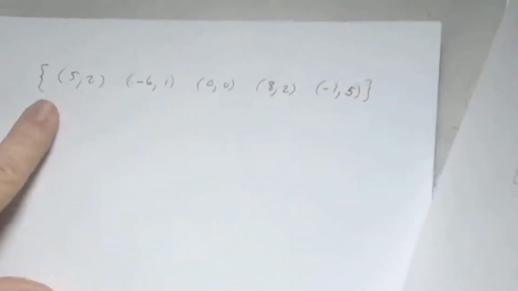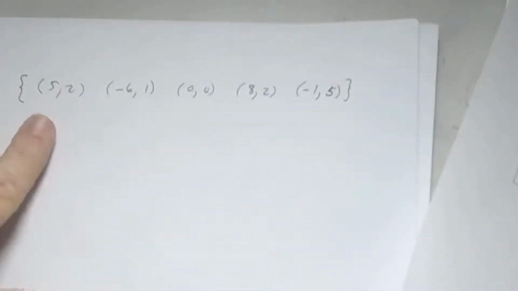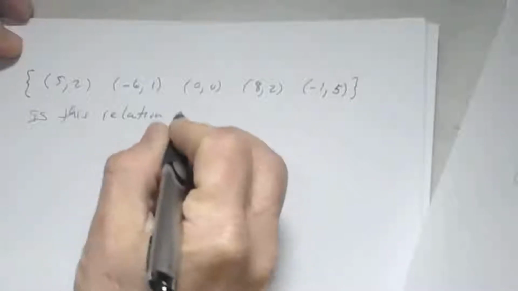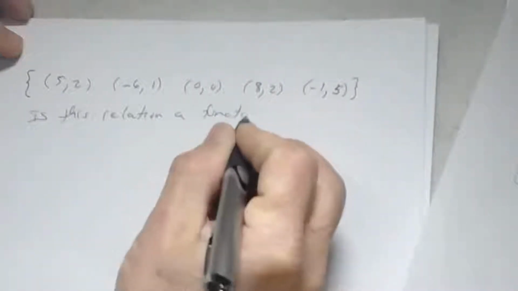So this finite set right here, is this relation a function? So we did something like that 2 class periods ago. Yes. It is? Okay, so you're telling me that for each x coordinate there's exactly one y coordinate? Now remember when we did this?